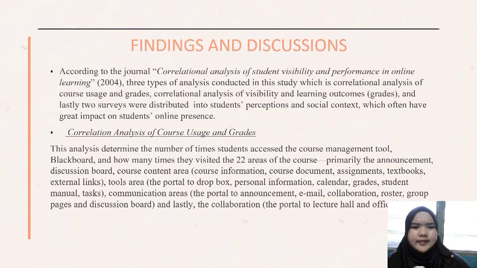Next is findings and discussions. According to the journal Correlational Analysis of Student Visibility and Performance in Online Learning 2004, 3 types of analysis were conducted in this study, which are correlational analysis of course usage and grades, correlational analysis of visibility and learning outcomes, and lastly, 2 surveys were distributed on students' perception and social contexts, which often have great impact on students' online presence.